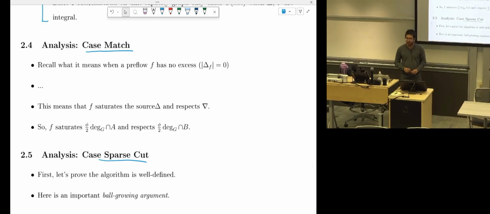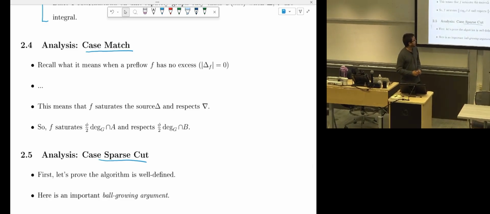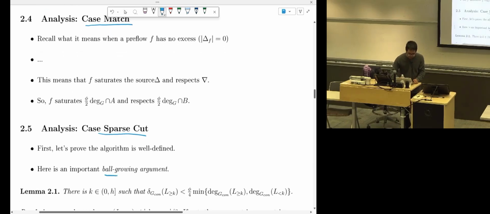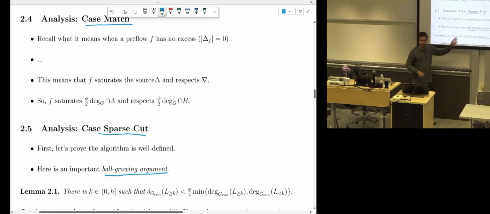What I do first is I'm going to first prove that the algorithm is even well defined, meaning that actually there is a sparse cut in G con. And we will use this important ball growing argument, which maybe you have seen. If you haven't seen it, then it's really useful.